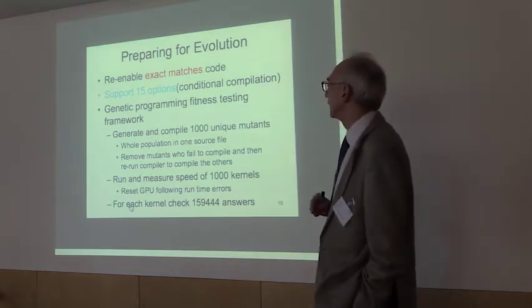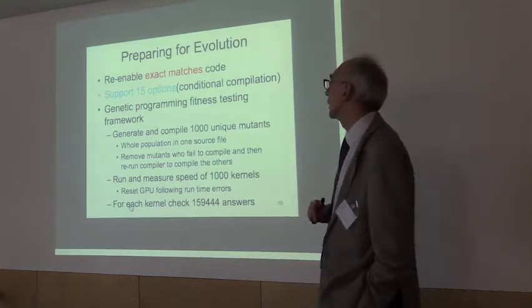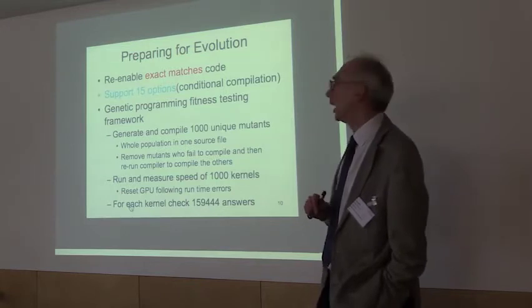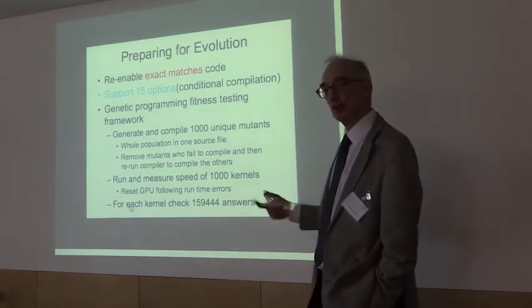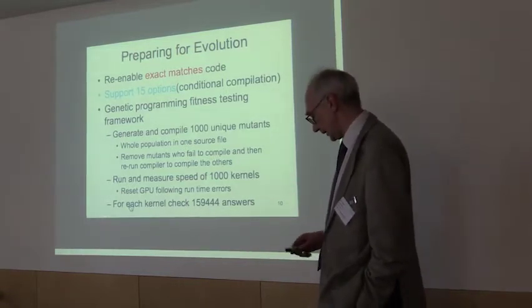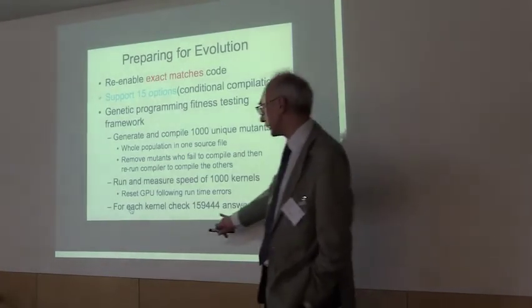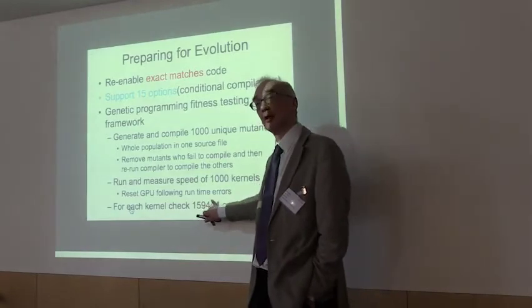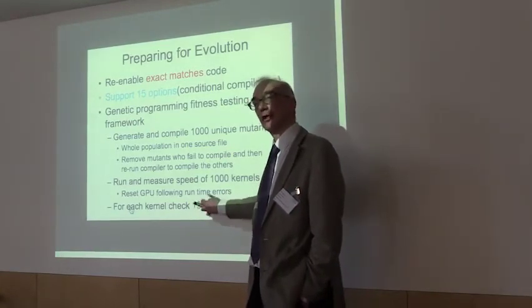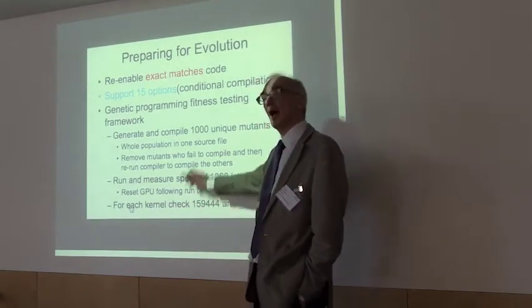We run a population which consists of 1,000 mutants. We compile those, we run them, and for each of them, we check each of the 160,000 answers it's produced. Are they correct or not? If they're correct, how fast was it?